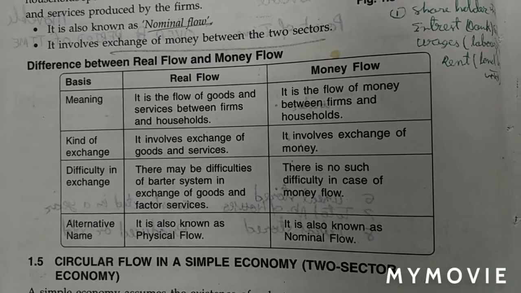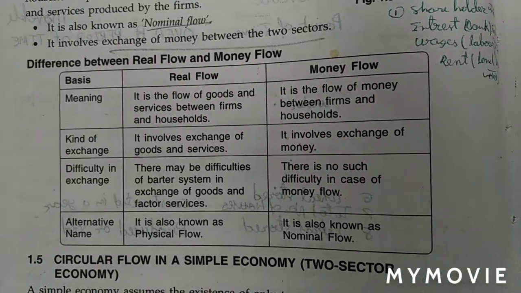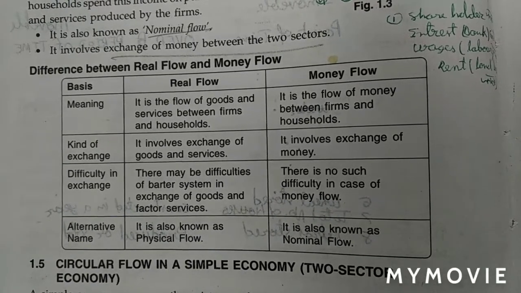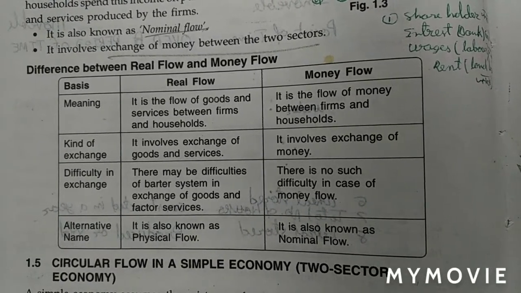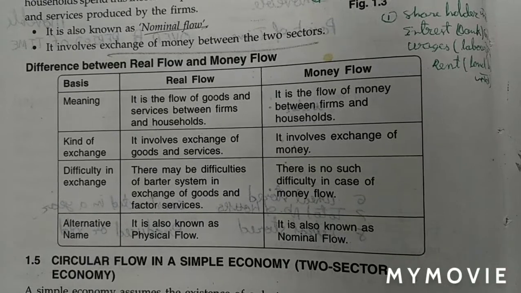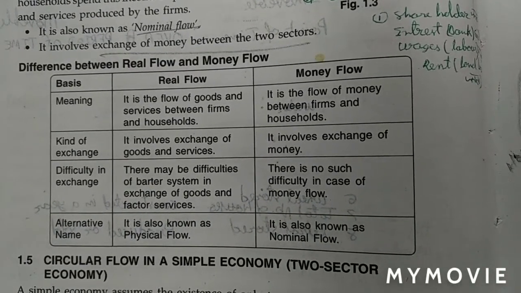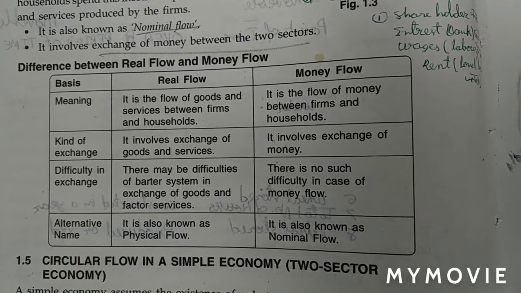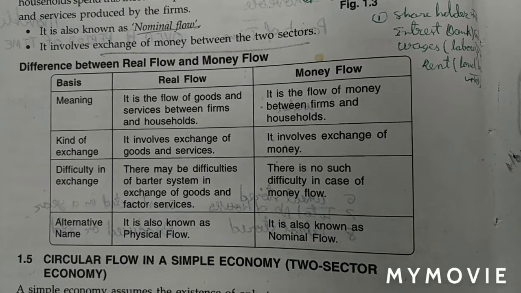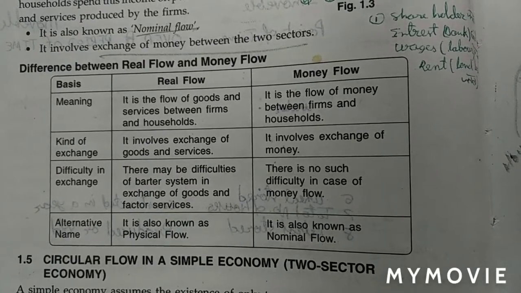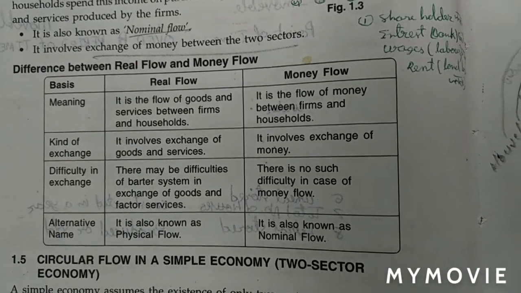Please write down this table in your fair copies and learn. Here we have the difference between real flow and money flow. Real flow is for goods and services. Money flow is for liquidity in very layman language. It involves exchange of money, and real flow involves exchange of goods and services.